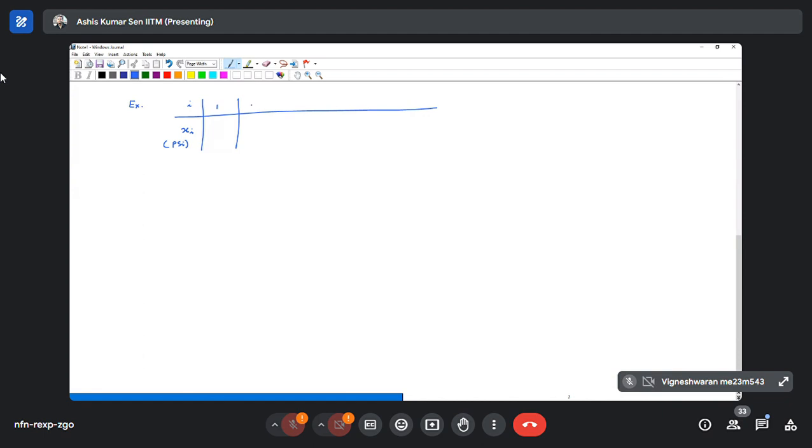Okay, so I just note down the data points. Let's say this is the pressure that we measure.